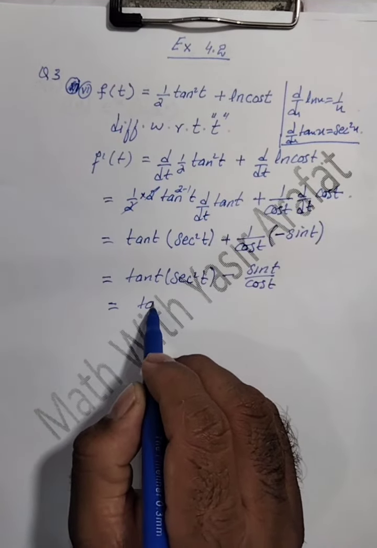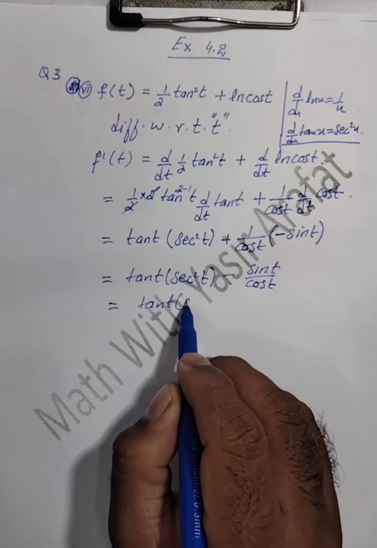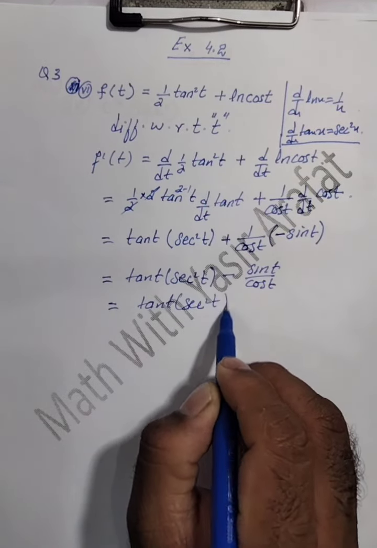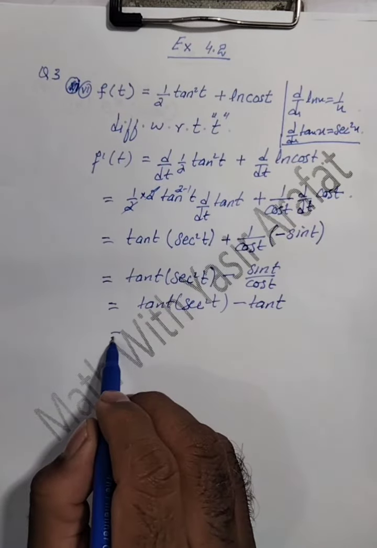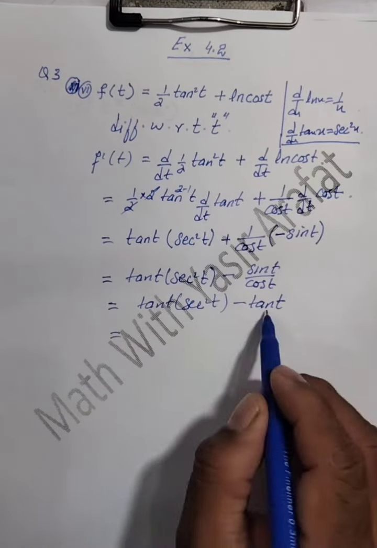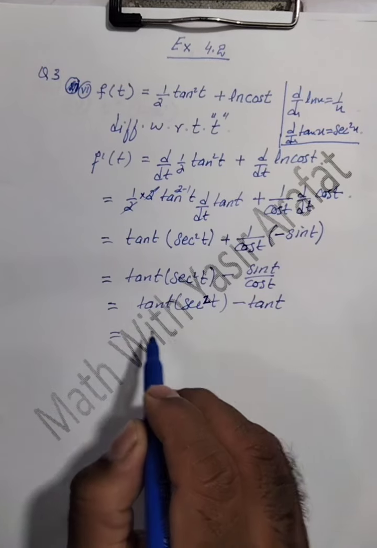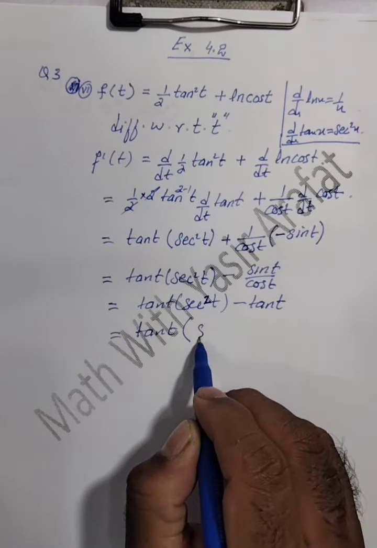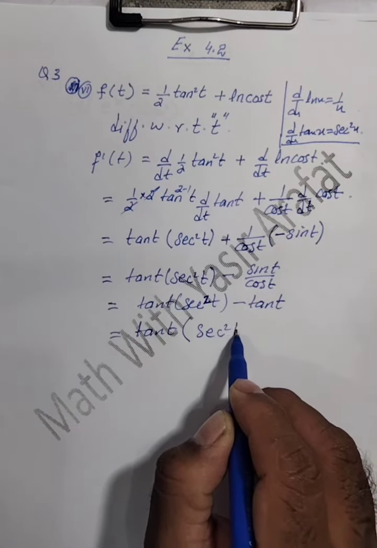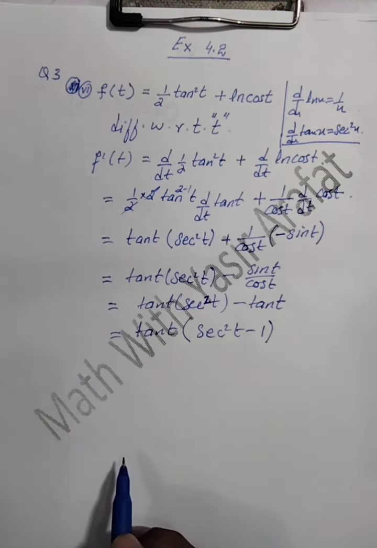So this becomes tangent t. Now for tangent t, we have to take out the whole common here. Then this is sec square t minus 1.